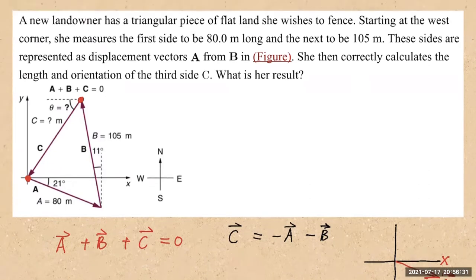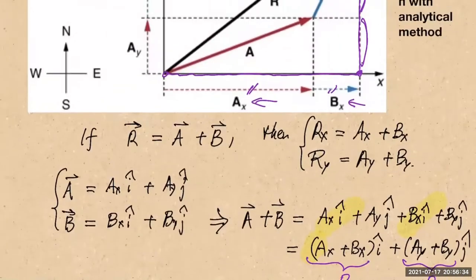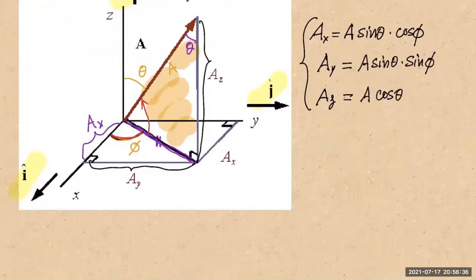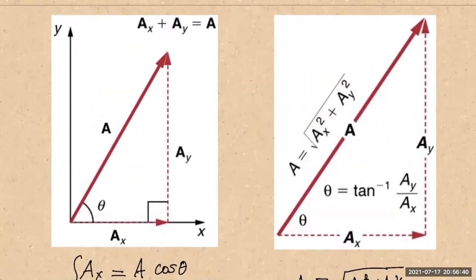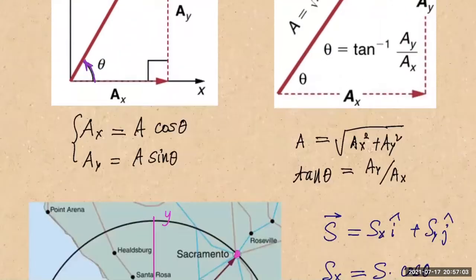You recall from the previous lecture, we start from the positive x direction and go counterclockwise until we land at the positive direction of A. We always start from the positive x-axis, going counterclockwise until we meet the vector. The angle you get is the angle theta in question.